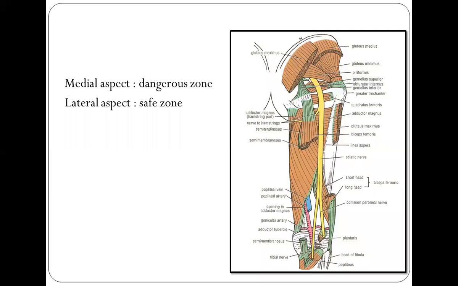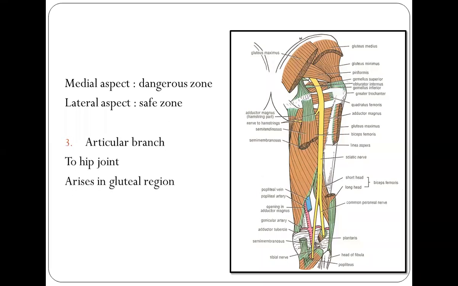So even when you're a surgeon and you want to deal with the posterior compartment of the thigh, you need to know the surface marking and the anatomical position of the sciatic nerve, and you need to take great care not to disturb the medial aspect, because it gives the more numerous muscular branches. If there's any injury to the sciatic nerve from the medial aspect, it can cause serious motor effects for the patient. Whereas the lateral aspect is a relatively safe zone.